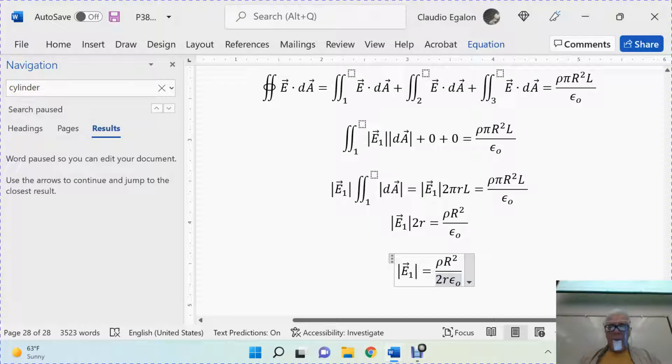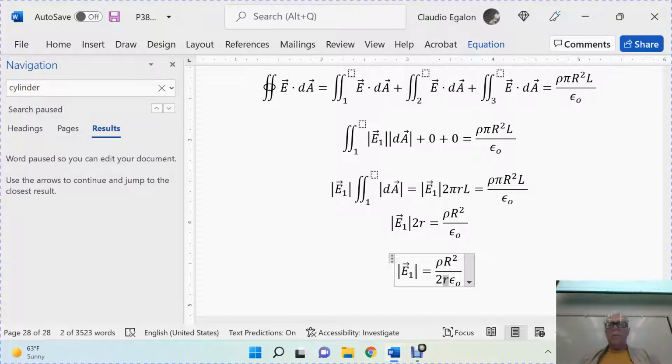Just like in the case of the linear charge distribution, the electric field decreases with the inverse of the distance.